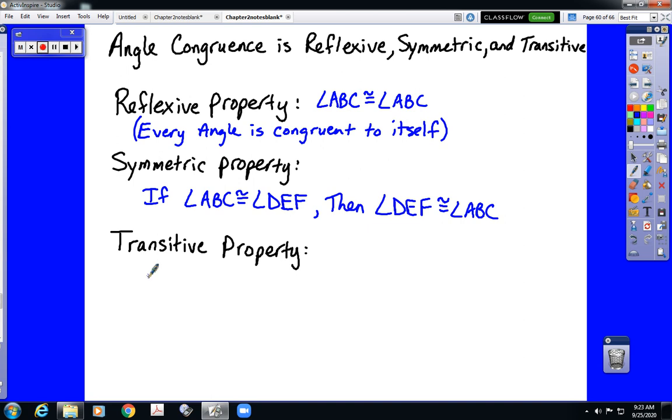And finally, the transitive property, I'm going to cheat a little bit and use our shortcut names, says that if angle 1 is congruent to angle 2, and angle 2 is congruent to a third angle 3, then angle 1 is also congruent to angle 3. Remember that for the transitive property, it absolutely must match that pattern exactly. It cannot deviate from that pattern at all in any way. It must say if 1 is congruent to 2 and 2 is congruent to 3, then 1 is congruent to 3. It must go in that exact order.